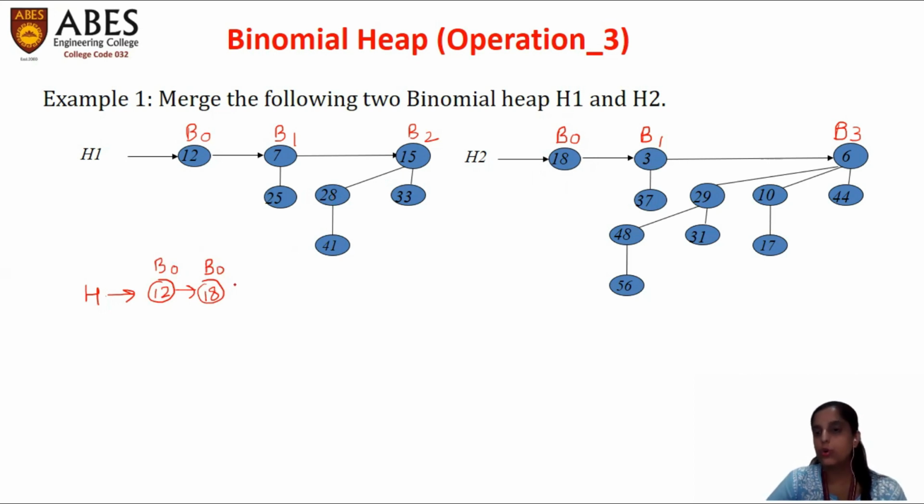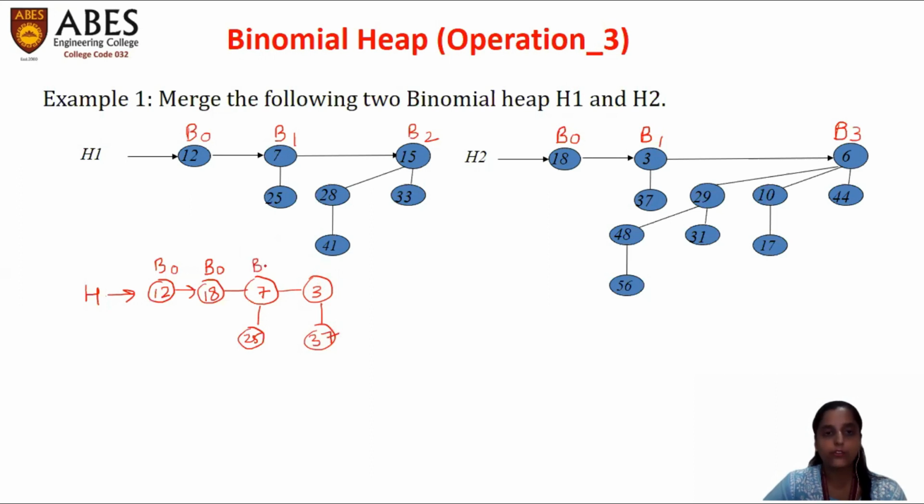Now, there is no other binomial tree of order B0, so we'll start searching for B1. Yes, there is one binomial tree of order B1, so we'll connect it here, 7, and here we'll connect 25. Now, is there any other binomial tree of order B1? Yes, there is one more, so we'll connect it here. This is 3 and this is 37.